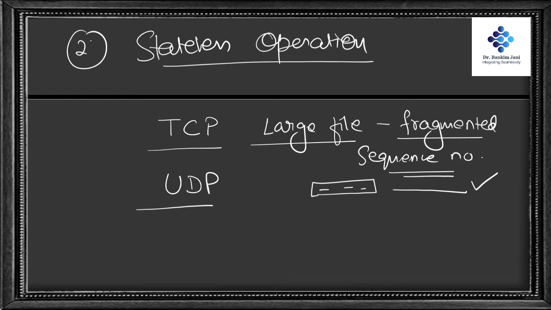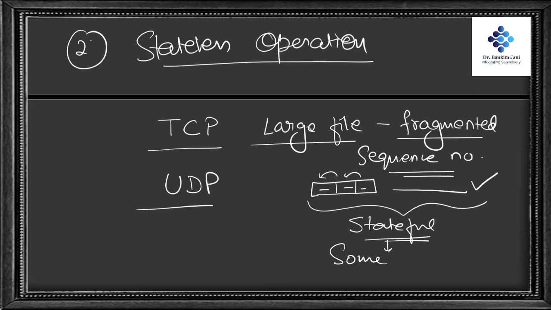This means that every piece of information had some relation with the past piece or the past fragment, right? So this is what's called stateful. When we talk about stateful, it means there is some past association, right? That's what is called stateful.